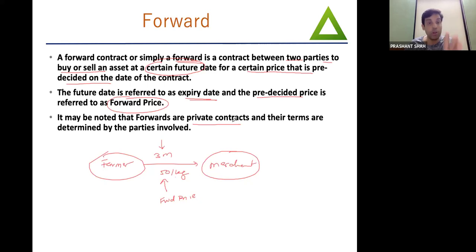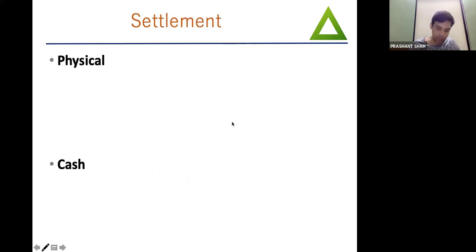No. When we talk about currency derivatives, the major market there is forward. Futures are also there, but forward is much bigger. As we progress, I'll guide you on who are the users of forwards, who are the users of futures, and eventually options also. But I hope this definition part is very clear to all of you. Now, settlement.